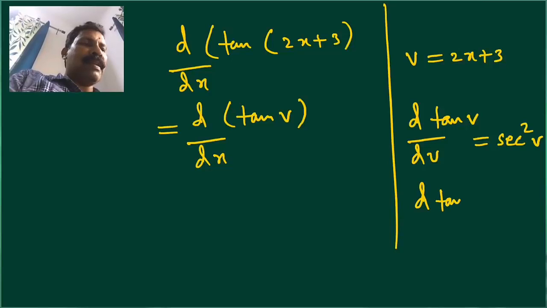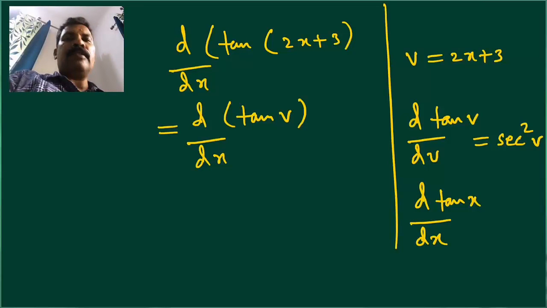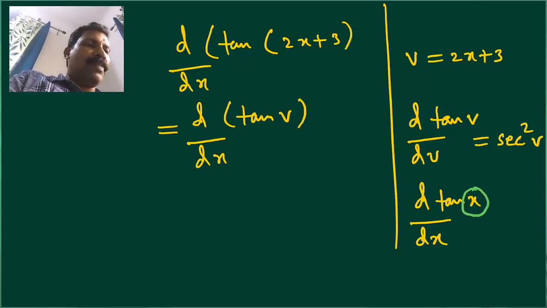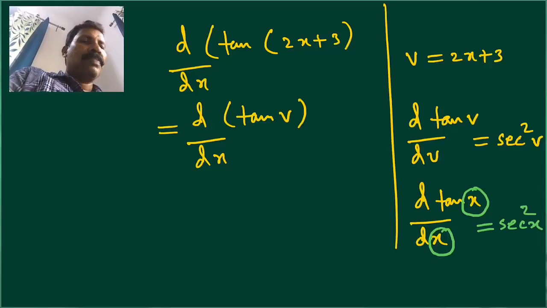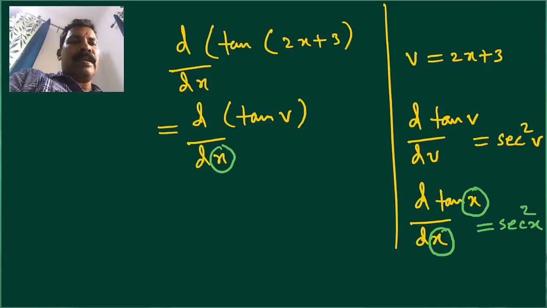We can write derivative of tan x with respect to x. I told you the variable should be matching. The variable used in the function and the variable with respect to which we are differentiating should be the same. Then only we can write the answer sec squared x. But here the variable with respect to which we differentiate is x and the variable involved in the function is v.